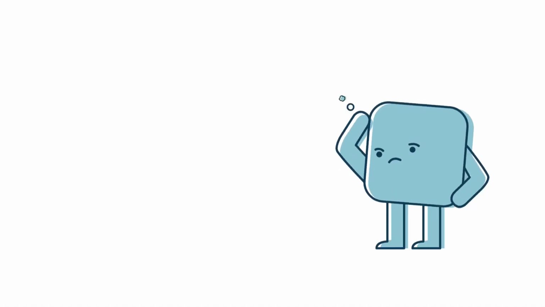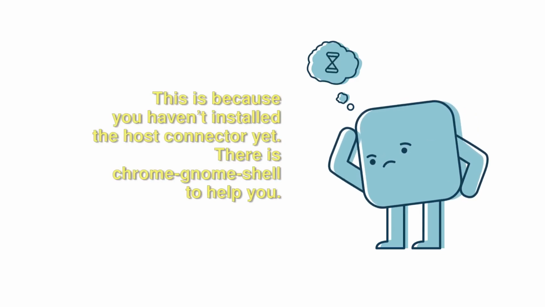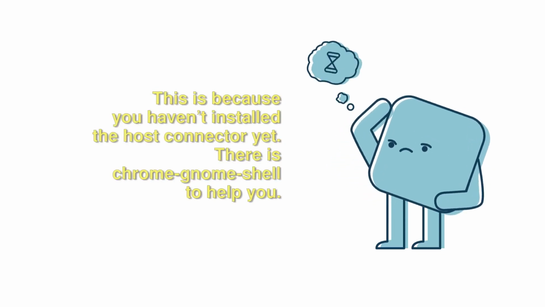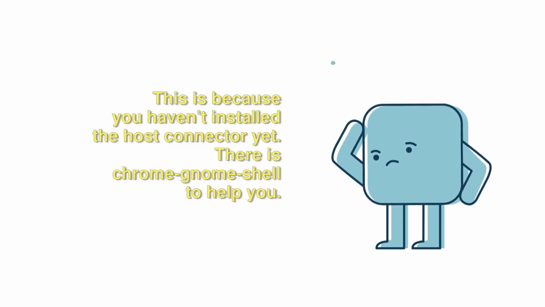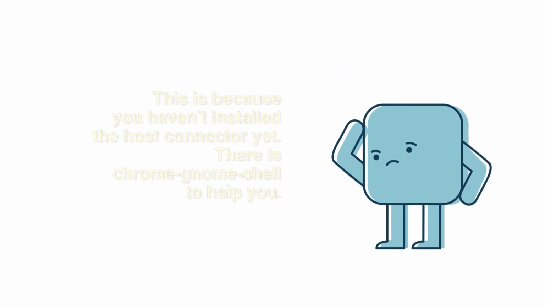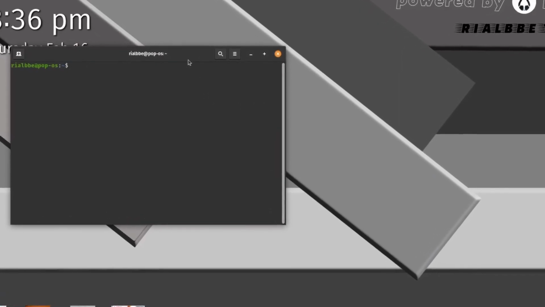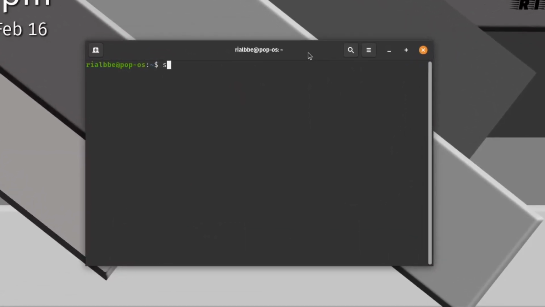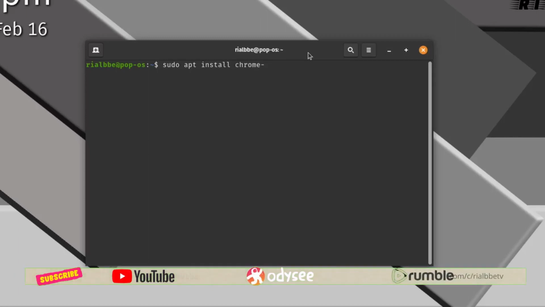org.gnome.chrome_gnome_shell. This is because you haven't installed a host connector yet. There is Chrome Gnome Shell to help you. To install this, use the command in your terminal: sudo apt install chrome-gnome-shell and press enter.